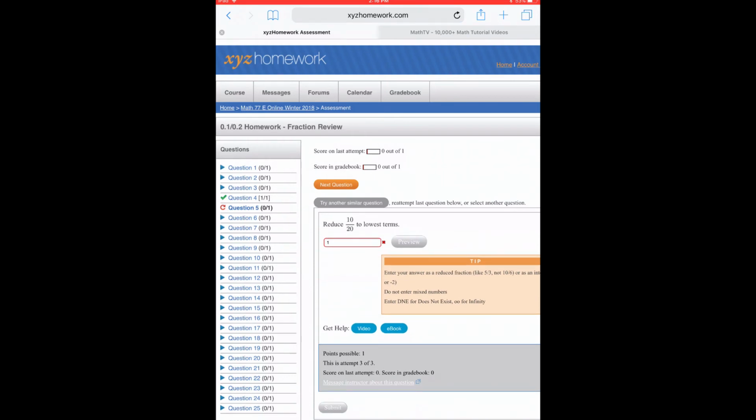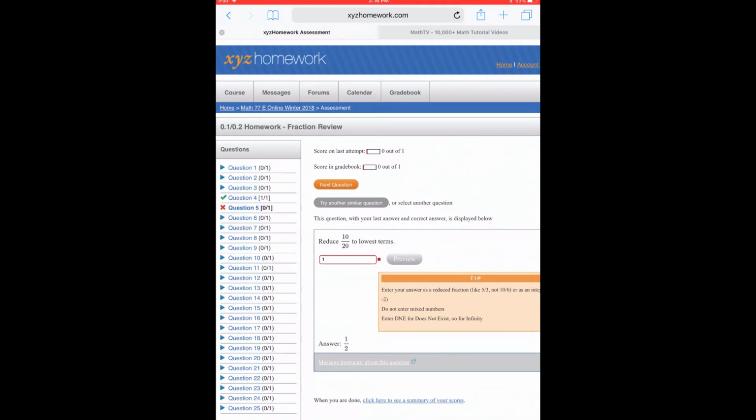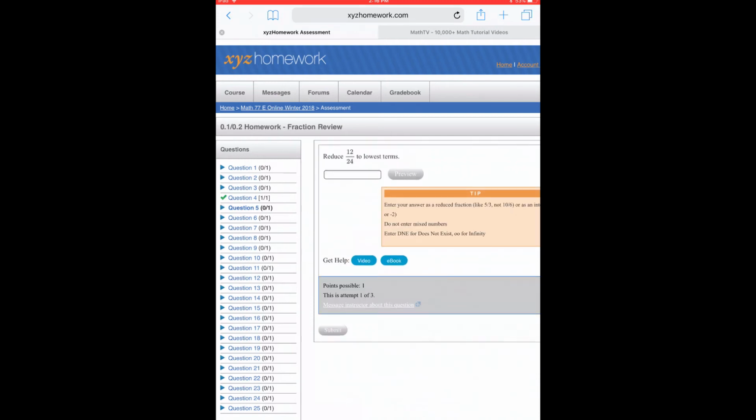I'm going to do it again and get it wrong a third time. Now notice they have now given me the answer. But if I want to be able to redo this problem and get it right, I just need to click on right above it says try another similar question. So I'm going to click on that, and I get a new question.